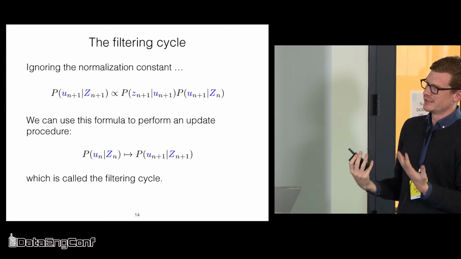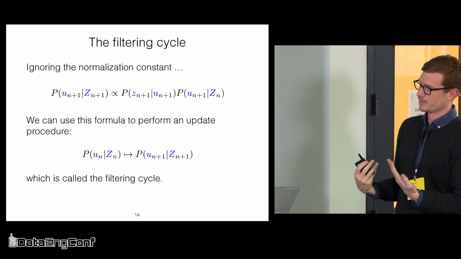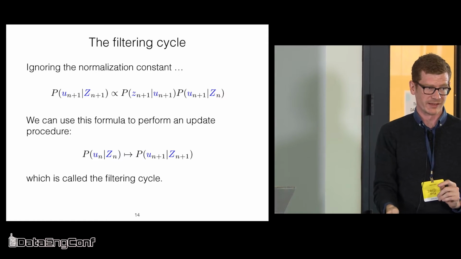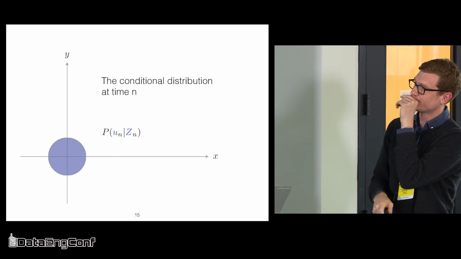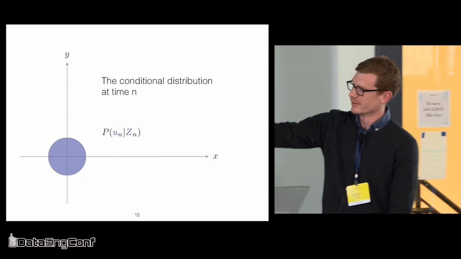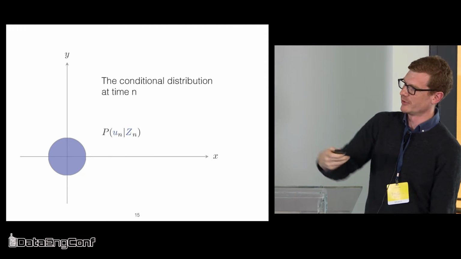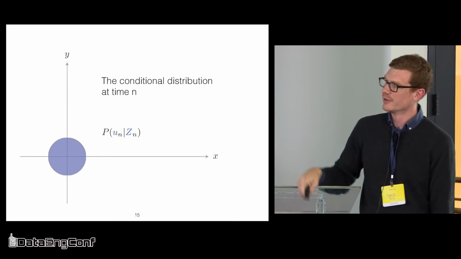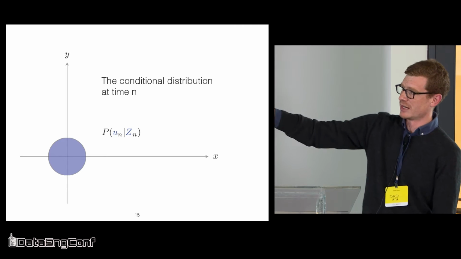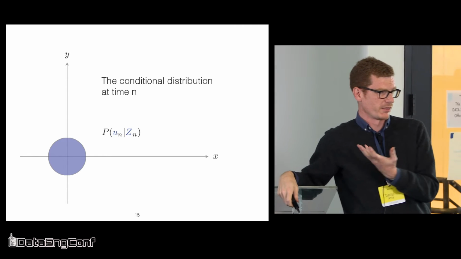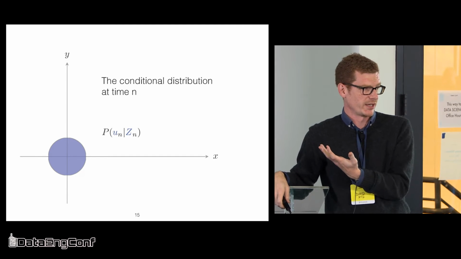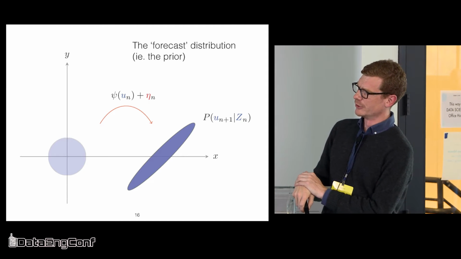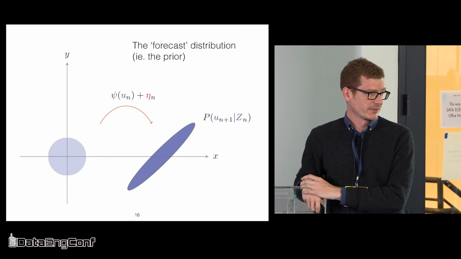So we can use this idea to perform an update procedure. If this doesn't make much sense, I'll give you a picture which hopefully will make it make sense. This blue circle here represents my uncertainty at time n. This is the distribution conditioned on everything I've observed up to time n. This is what I know about the true state at time n. The first thing I do is apply my dynamics.